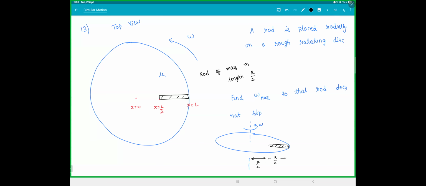We don't want that to happen. We don't want the rod to slide. So what is the maximum omega you can rotate so that the rod does not slide? The coefficient of friction is mu. Anyone not clear with the picture, please ask me.